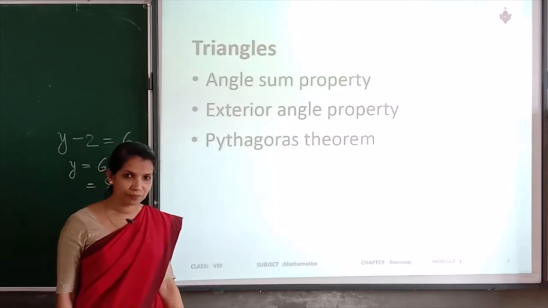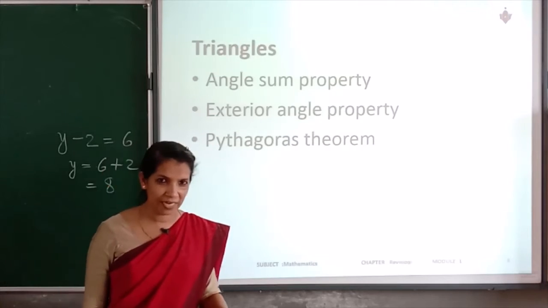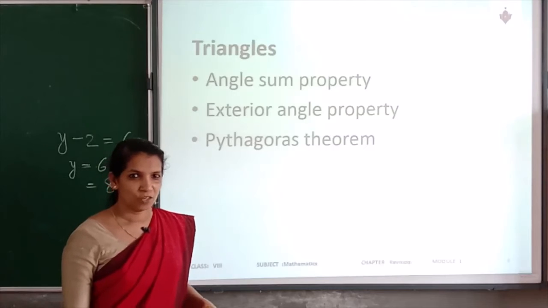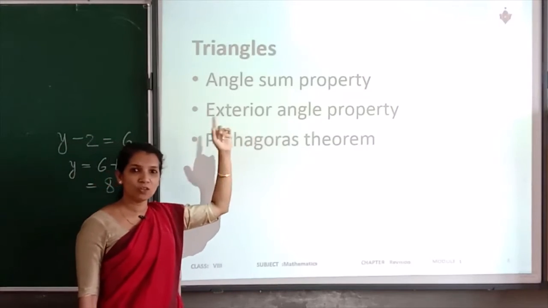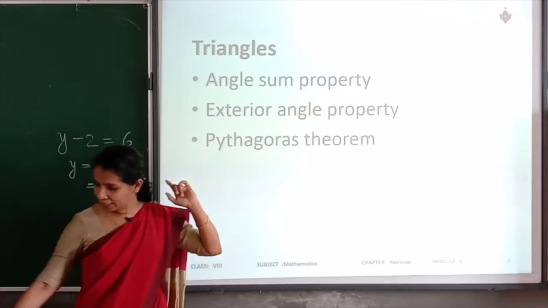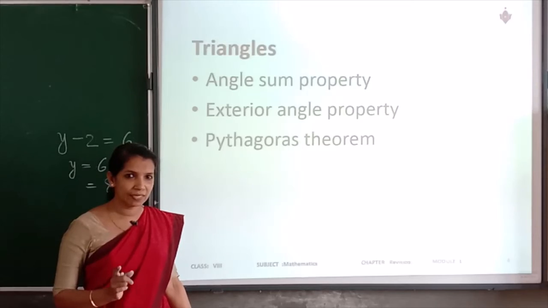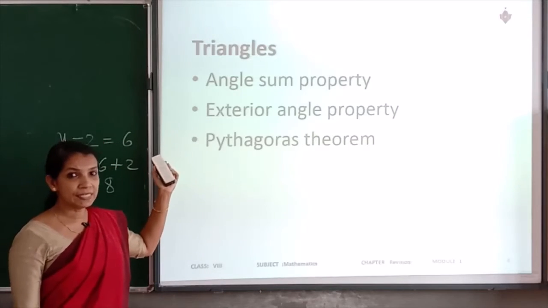In a triangle, how many angles are there? Yes, 3 angles. What is the sum of these 3 angles? 180 degrees. That is called angle sum property of a triangle. In a triangle, the sum of the 3 angles of a triangle is 180 degrees. What is exterior angle property?